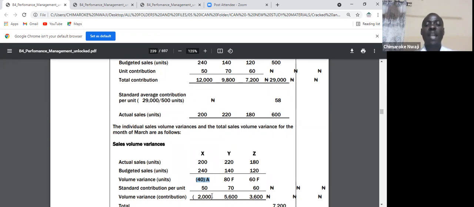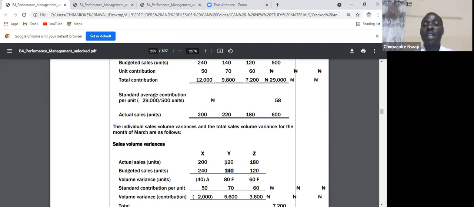Now going to Y, you set that you want to sell 140, but lo and behold, you went above it and sold 220. Your variance in units is going to give you 80. Multiply that by the standard contribution per unit. That gives you 5,600. So in the same way for Z, you have a favorable variance of 60 multiplied by 60 naira per unit's contribution.